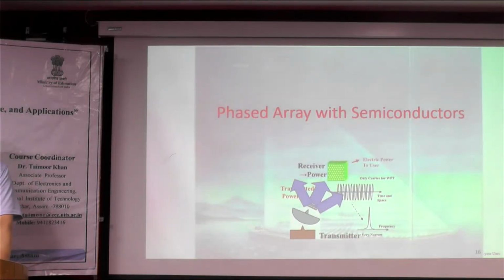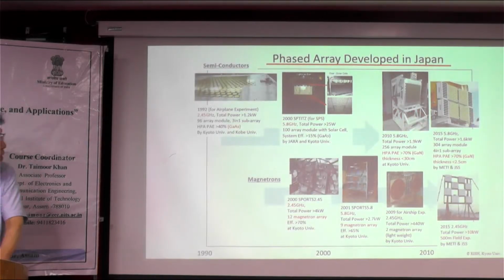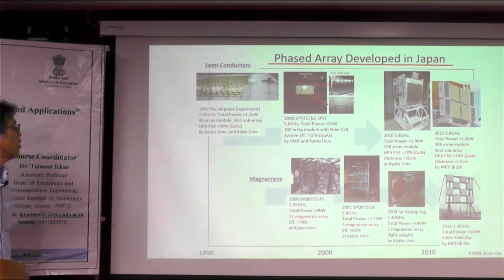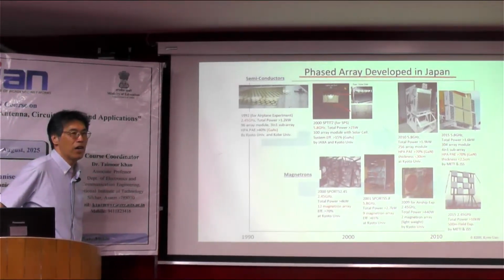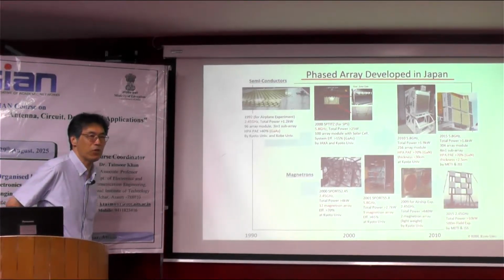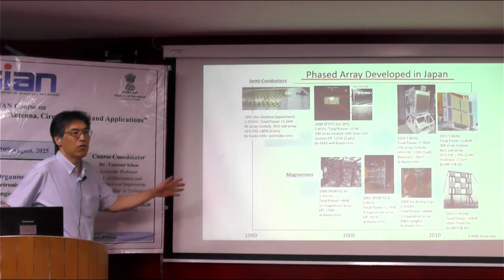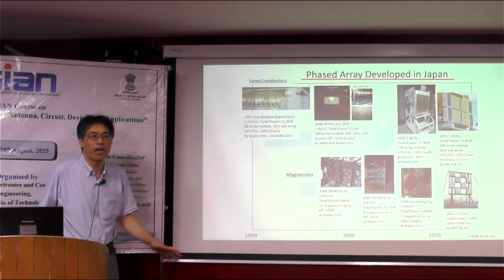And from here, I'd like to introduce a usual phased array antenna with semiconductors. These are examples of phased array antennas developed in Japan, mainly for wireless power transfer. Because now there are a lot of phased array antennas.